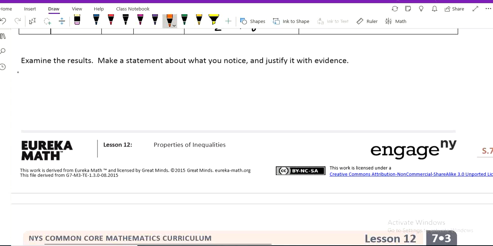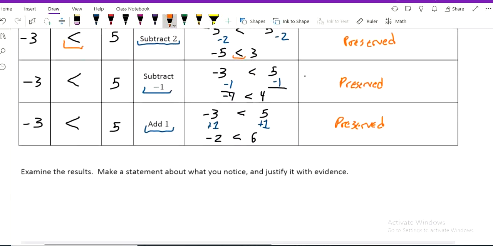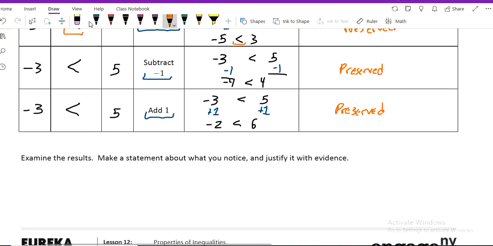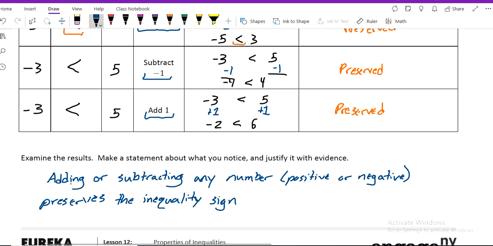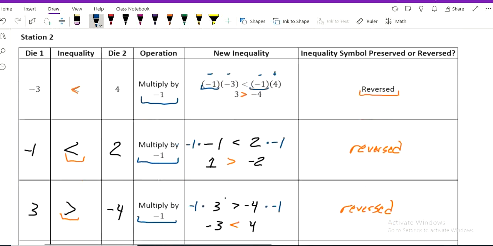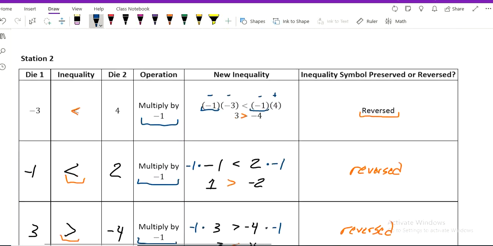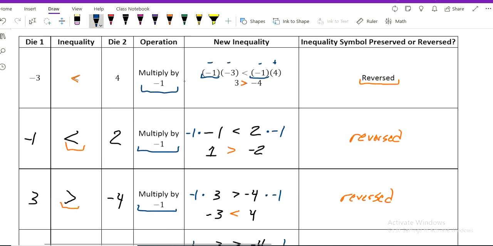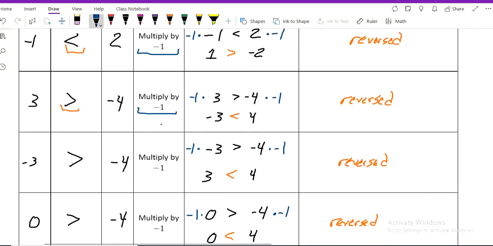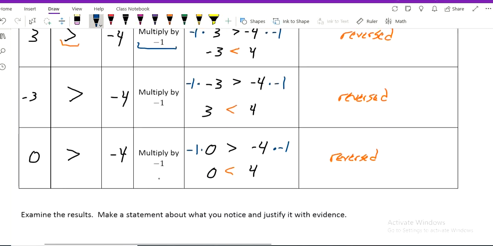So we will actually write that down right below. I kind of skipped over this one. So right below here we will say adding or subtracting any number, whether it's positive or negative, preserves the inequality sign. Whereas down here, the only operation we did was we multiplied by -1.